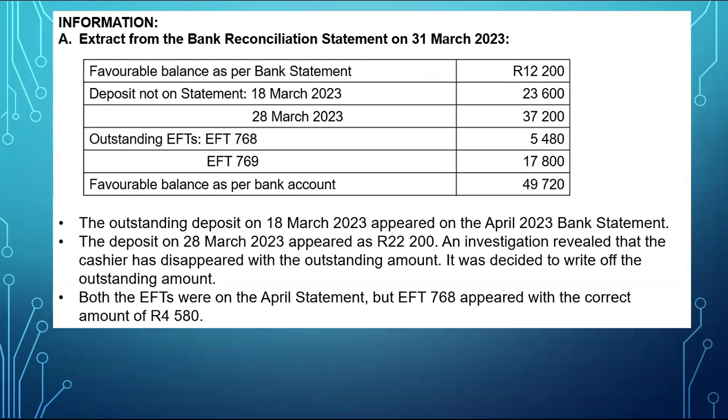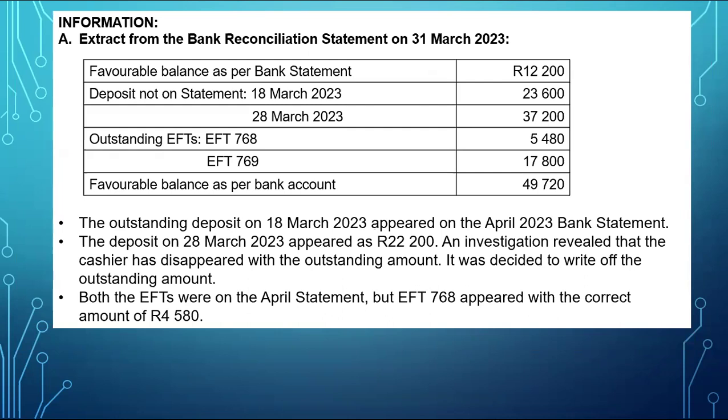Here it says we start with a favorable balance as per bank statement. This is the opening balance for this month, but it was the closing balance for last month that was in the bank statement. Then we've got deposits on statements, which I refer to as outstanding deposits.